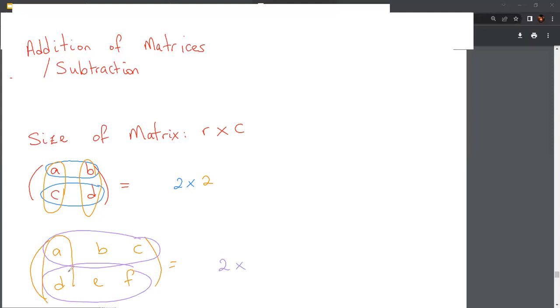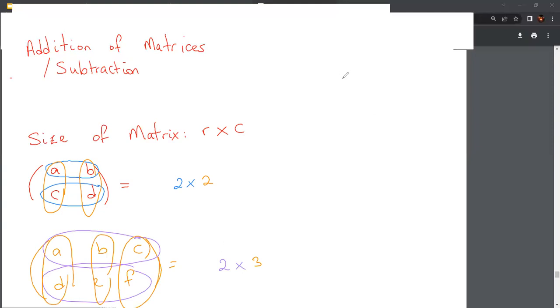I have 1, 2, 3 columns. So it's a 2 by 3 matrix. I have a question. Do we multiply this and get 2 times 3 is 6? No. If they ask you for the size of the matrix, this is all we have to do. This is all.